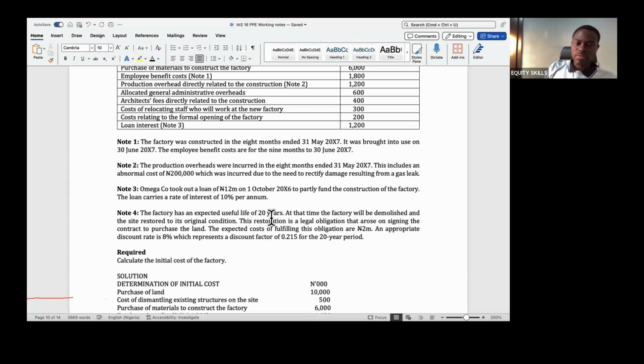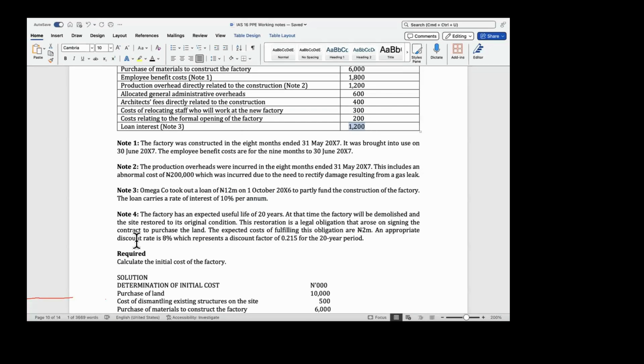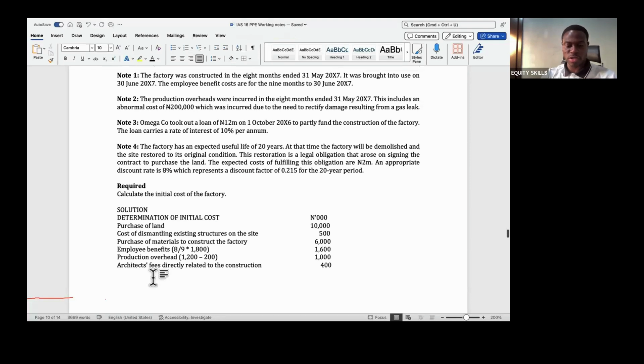But you capitalize the interest you incur only up to the date when the asset is ready, when construction is completed. So in this case, 10% per annum on 12 million is the 1.2 million they got. But the 1.2 million is for a whole year. Remember, the construction only took how many months? 8 months. So we need to only capitalize 8 months of borrowing costs.